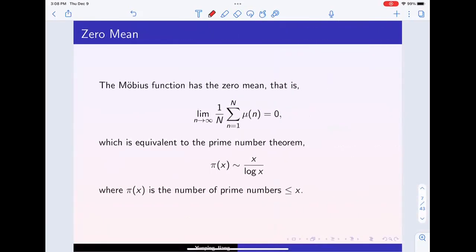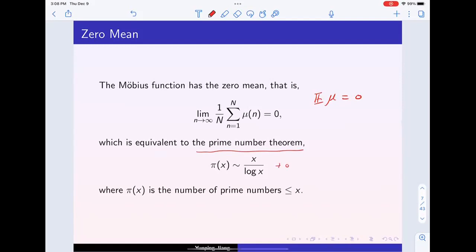So then another important number theory property about this Mobius function is that the Mobius function has 0 mean. So usually you think that is really mean equals 0. But this 0 mean is also equivalent to the prime number theorem, right? This prime number theorem says that the number of primes less than or equal to x is approximately x over log x, right?